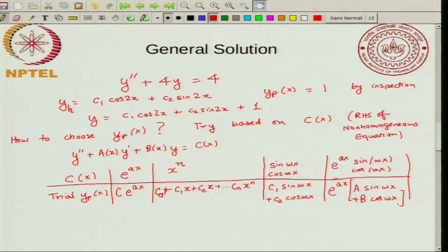So you try this form, and you substitute in this equation and then you calculate the values of a and b. So what I am showing you here is a recipe of how you choose your particular solution, just by looking at what your form of c of x is.